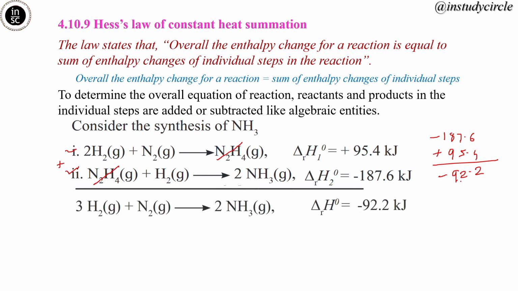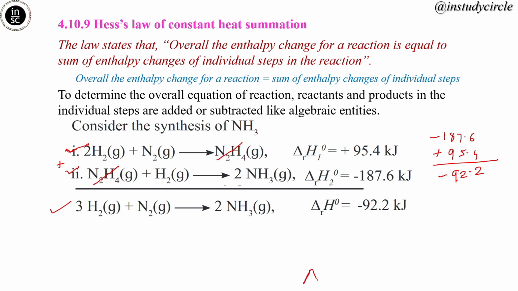This is obtained by adding individual step 1 and individual step 2. The overall reaction is 3H2 gas plus 1 N2 gas, they produce 2 moles of NH3 gas, and the overall enthalpy of the reaction, delta r H naught, is equal to minus 92.2 kilojoules.